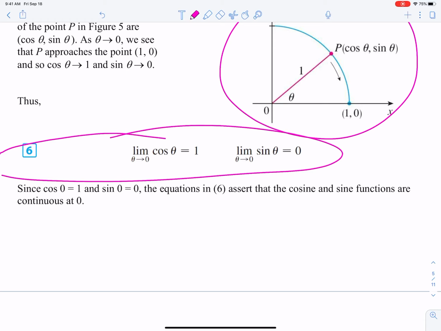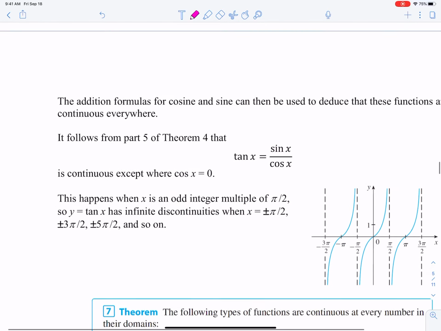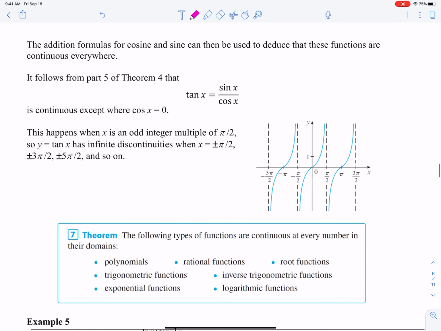Since cosine of 0 equals 1 and sine of 0 equals 0, the equations in 6 assert that the cosine and sine functions are continuous at 0. Okay? All right, the addition formulas for cosine and sine can then be used to deduce that these functions are continuous everywhere. So sine and cosine are continuous everywhere. And we just said we had that theorem up above.